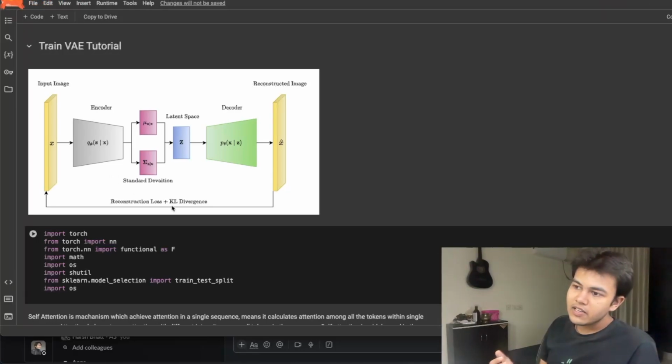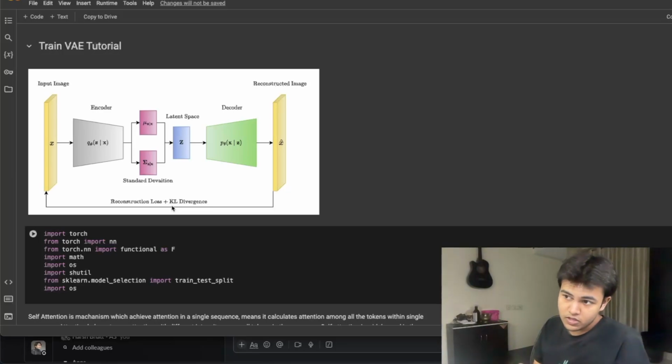The KL divergence is used to estimate the difference between two probability distributions. We add those two together to get the final loss, which we use to train it. If you have millions of samples, it will train multiple times, and it will become much better.